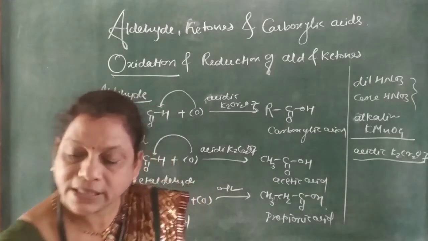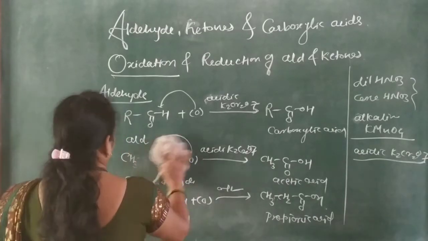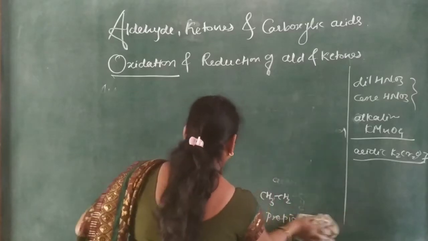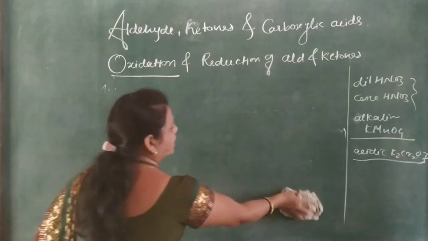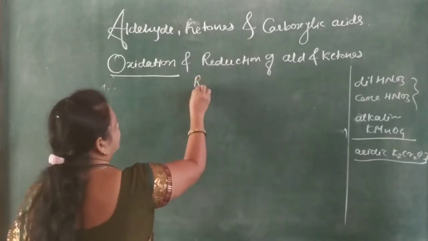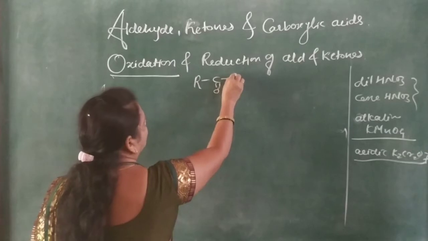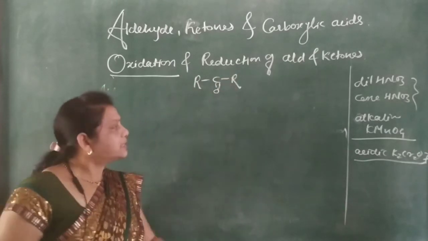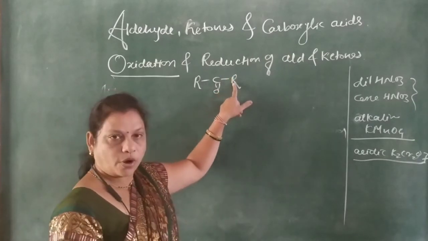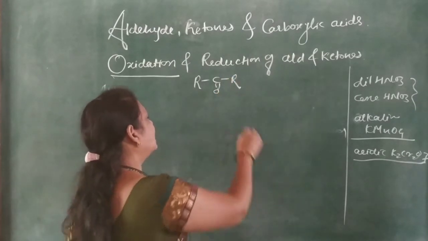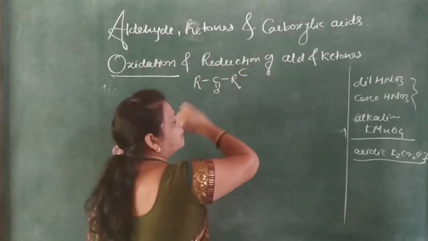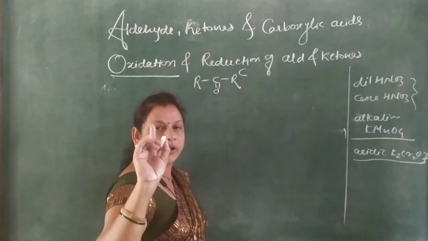Okay, then oxidation of ketone. Oxidation of aldehyde is an easy-going reaction, but oxidation of ketone is different because of the C-C bond. Ketone is RC double bond O, here also R. Instead of the H from the aldehyde, here an R is bonded to the carbonyl group. And this R is any alkyl group containing carbon, CH3 or C2H5 or any.